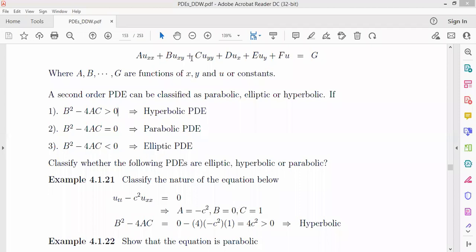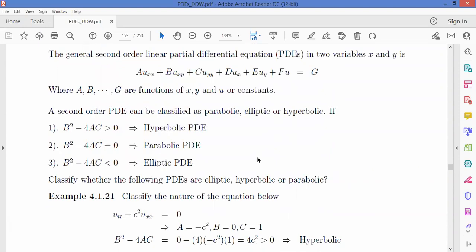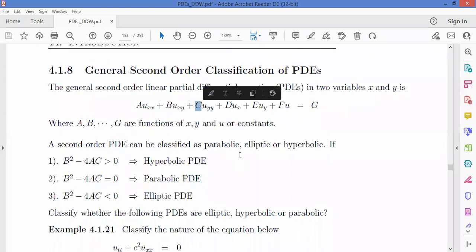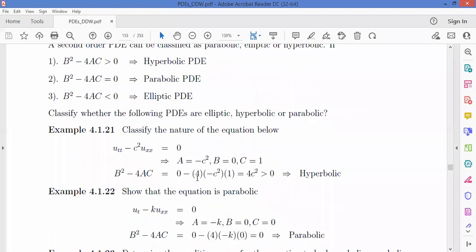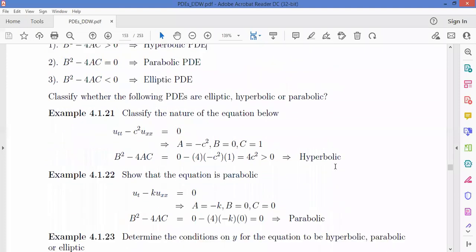On doing the necessary substitutions, you realize that if you substitute these directly into this one here, you get a force squared, and of course for any value of C. Here, remember our C is positive, then it means that this so-called discriminant will always be greater than 0, and we are saying for it greater than 0, it is hyperbolic. Therefore, you deduce that this one is hyperbolic in nature.